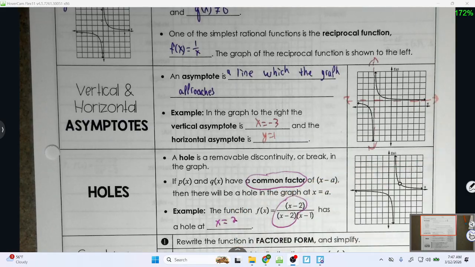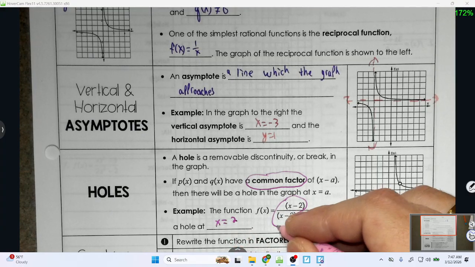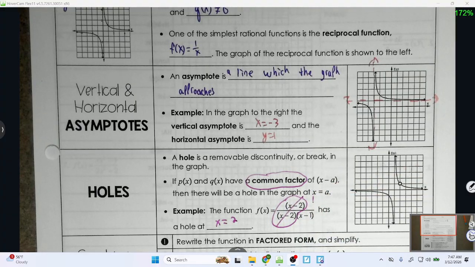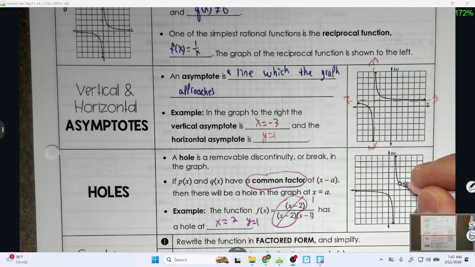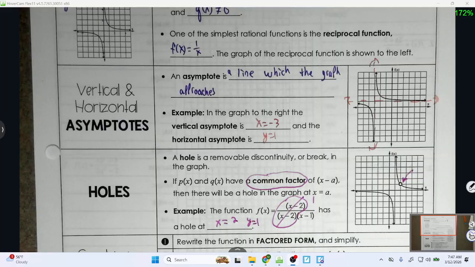So there's a hole when x is equal to 2. Now what you'd do is take that number 2 and plug it into the simplified version, and you'd get 1 over 2 minus 1, 1 over 1. So it's at x equals 2, and it's at y equals 1. So that's the hole right there.